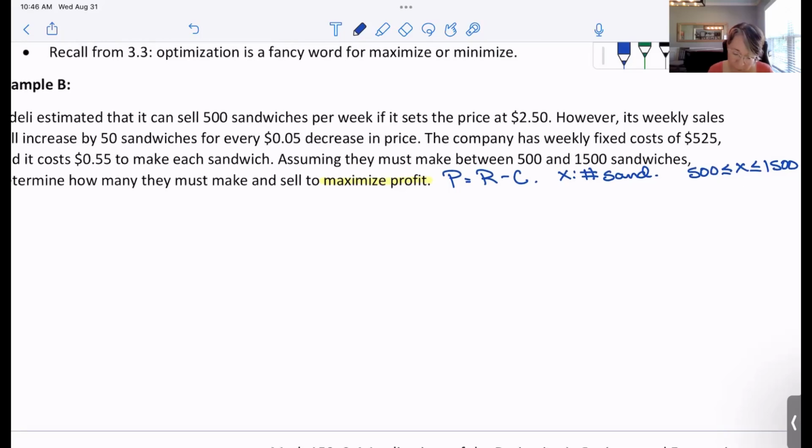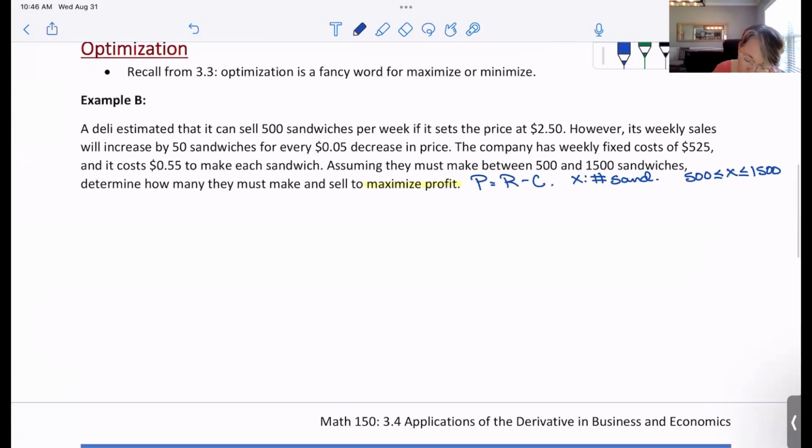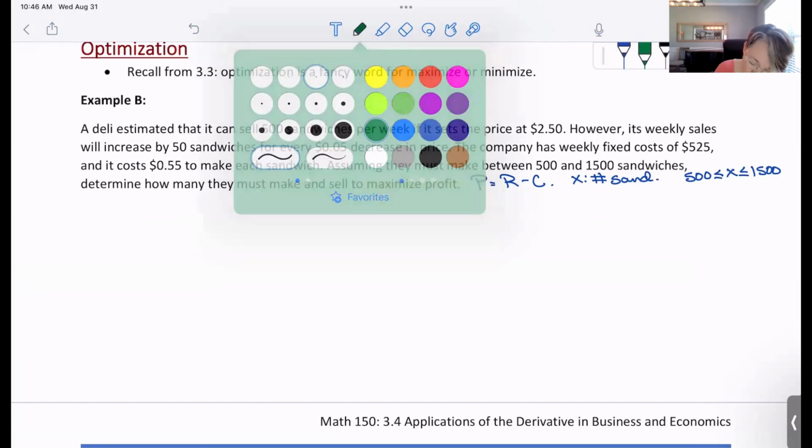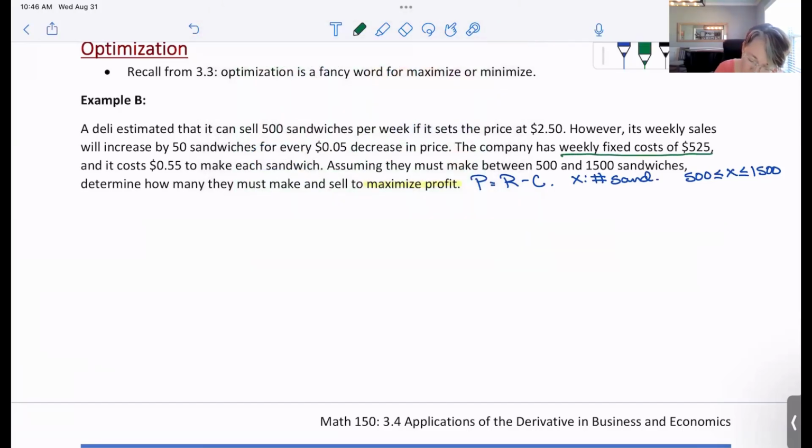Let's go back another sentence. It says, the company has weekly fixed costs of $525, and it costs 55 cents to make each sandwich. That is giving us the cost function, and notice it's linear. How can we tell? It has a fixed cost of $525, so that's like our b or y-intercept.